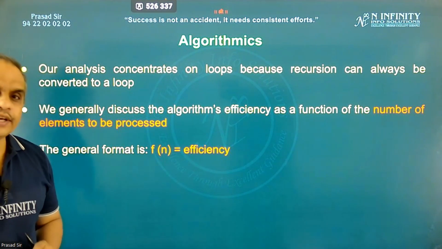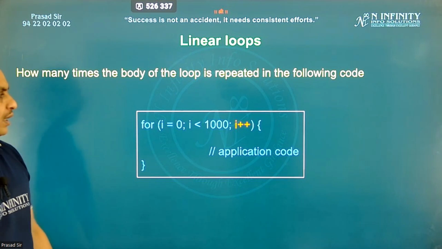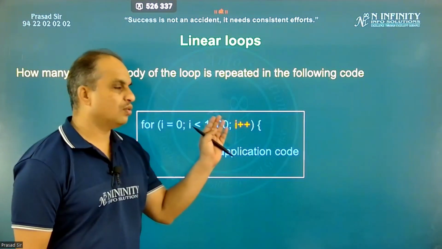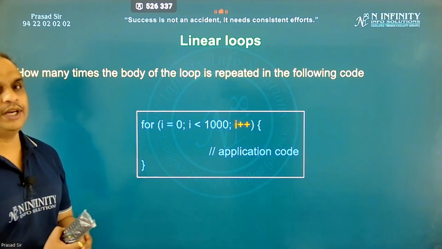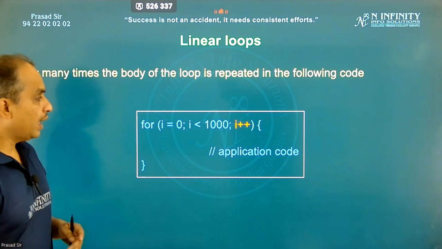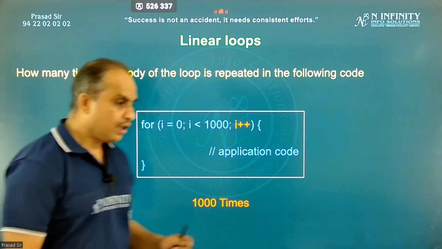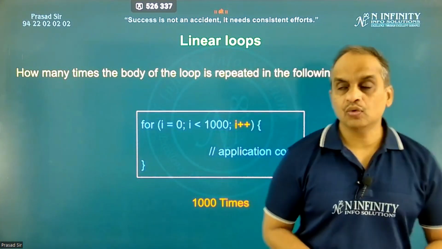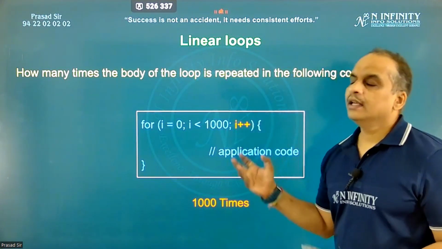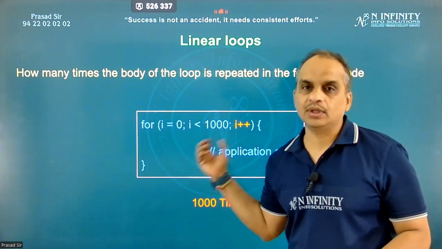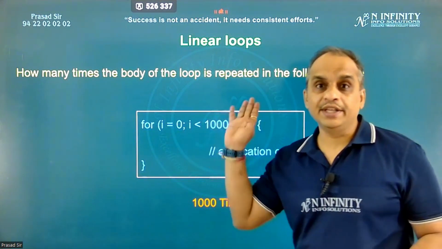Let us go with a very simple looping structure, और इस loop के साथ चलते हैं, right? i is equal to 0, less than 1000, i plus plus, right? Definitely anybody can say how many times this loop is going to iterate, and we can say this is going to iterate for 1000 times, right? Okay, now ऐसे जो loops हैं वो उसका वैल्यू 0 से लेके 1000 तक प्लस प्लस से बढ़ रहा है, या you can have this 1000 से लेके 0 तक माइनस माइनस से घट रहा है. So in that case its growth is linear, right?